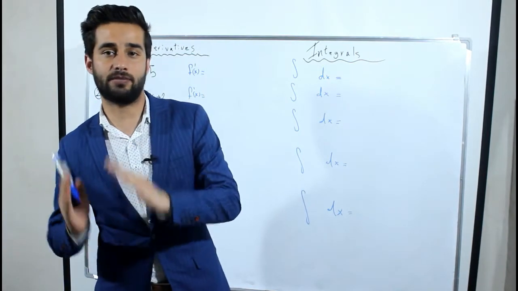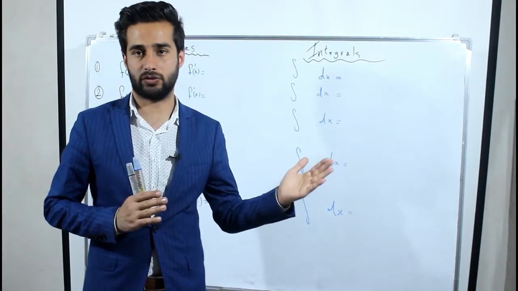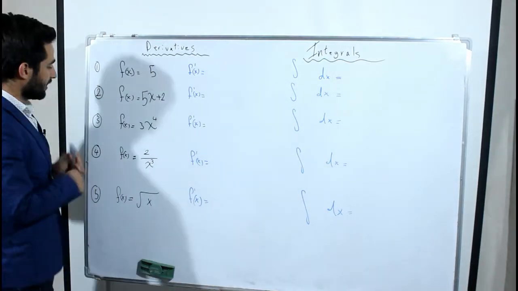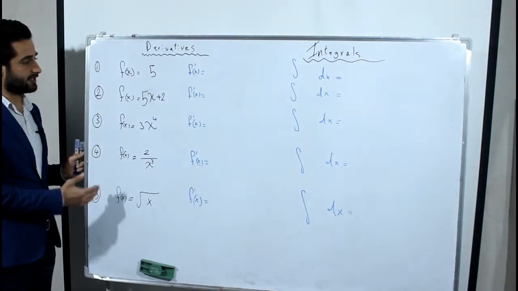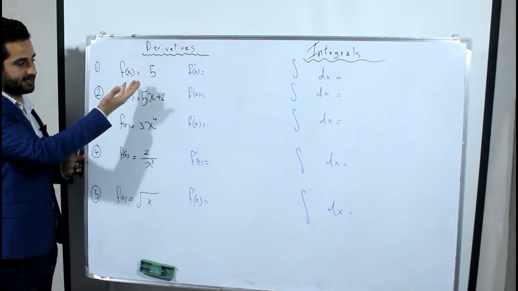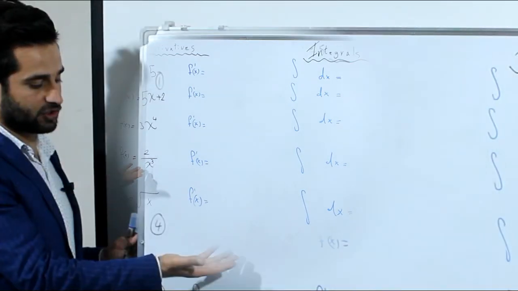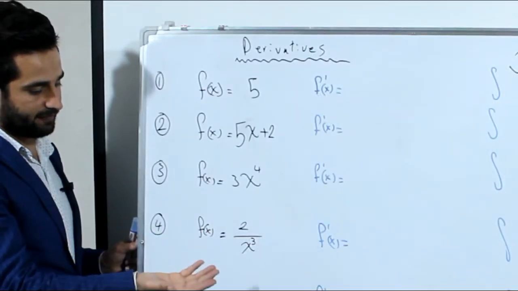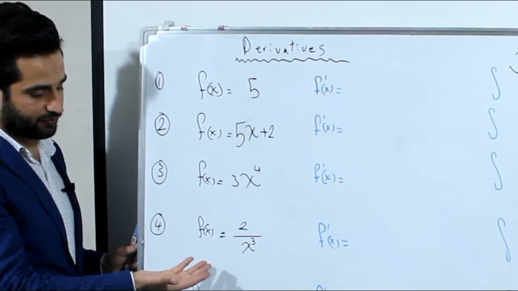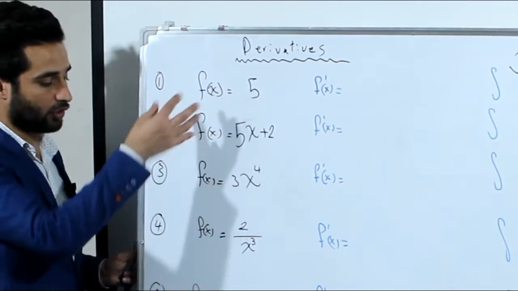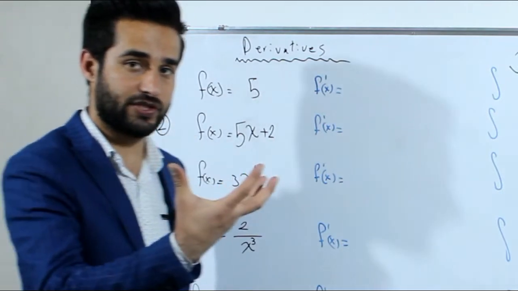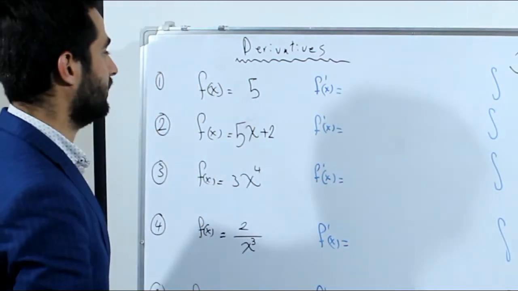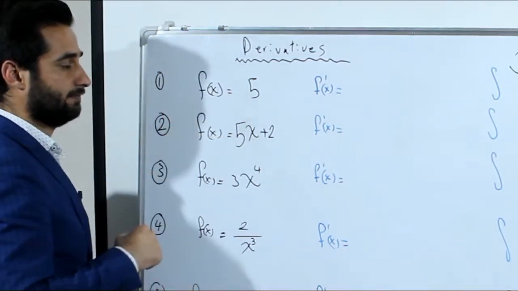Now let's start from derivatives and we will jump to integrals. Those are the exponential functions, a constant and exponential functions, and we have inverse function and radical function. Those can all be solved by powers. How can we do each of them?